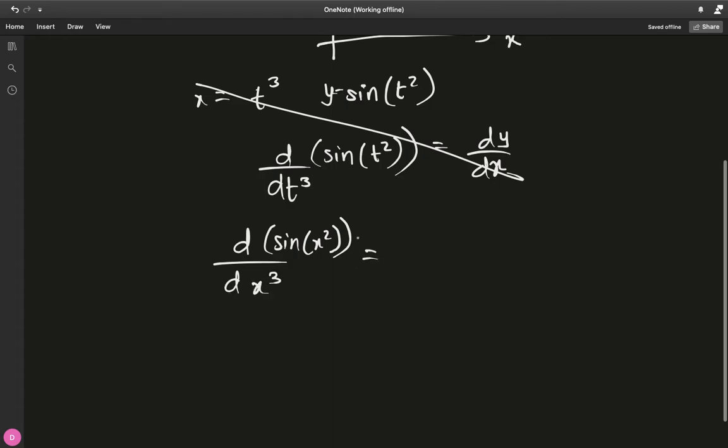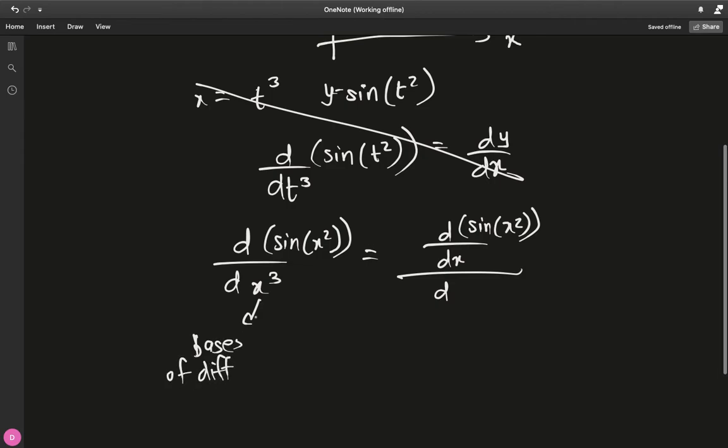Using the logic of differentiating parameterized functions, we differentiate the numerator with respect to the independent variable, which in this case coincidentally happens to be x, and then divide that by the derivative of the denominator with respect to the same variable. We call it the basis of differentiation, because that's what we were differentiating with respect to.